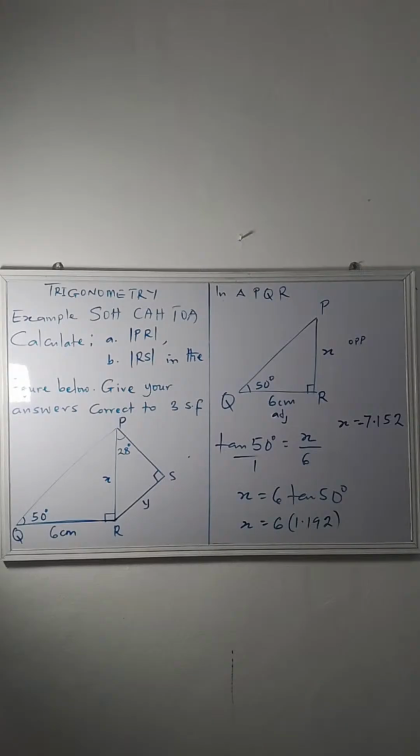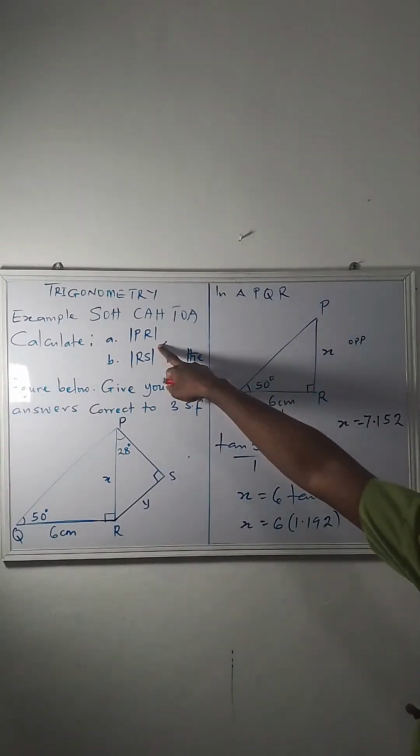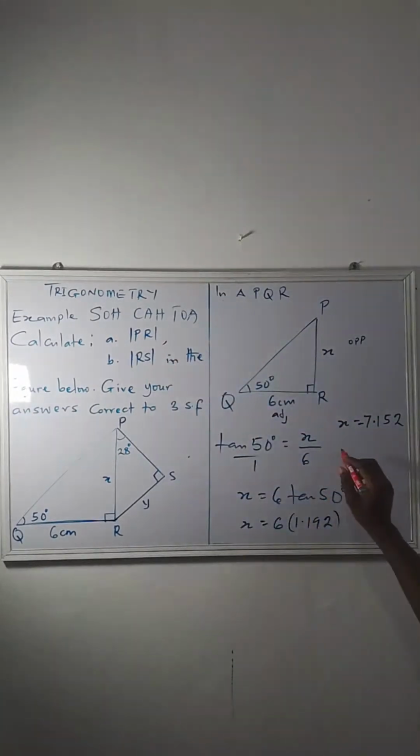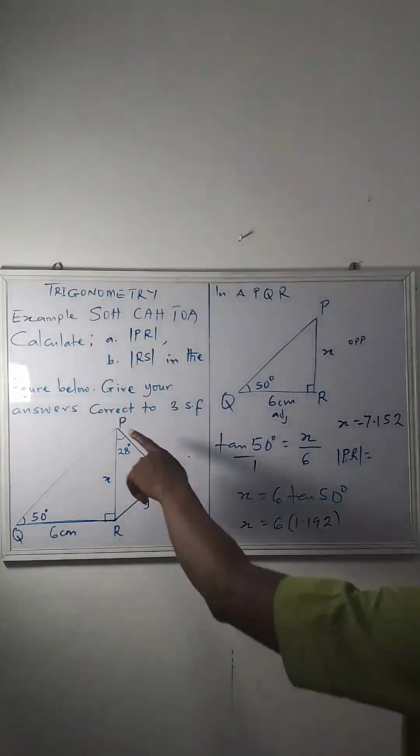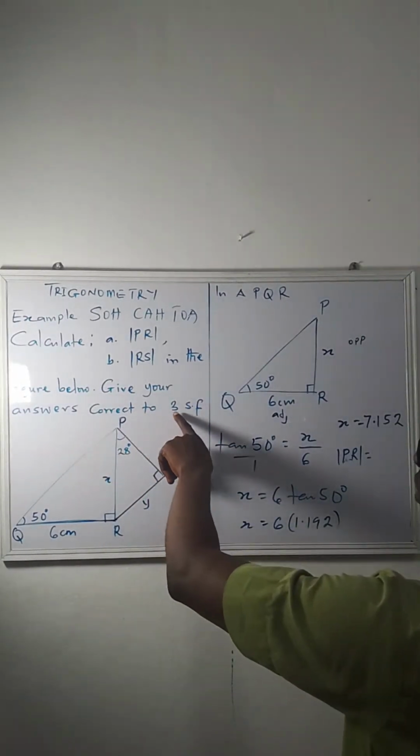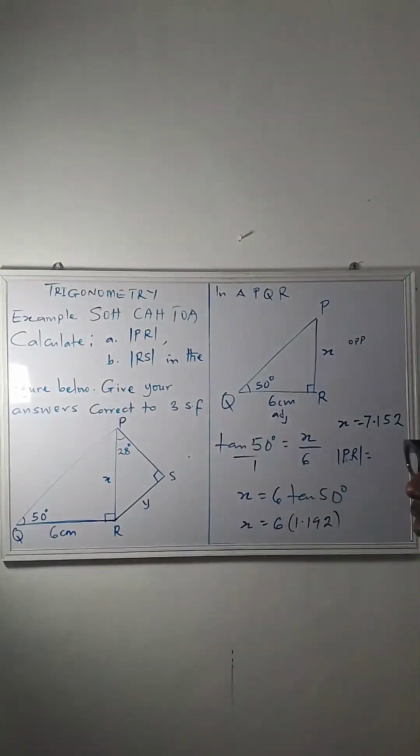All right, so look at it now. So x is the PR, and that's what the question wants us to get, PR. So we now say PR equals to, now your answer should be expressed in what? 3 significant figures. So you count 3 digits from the front. First significant digit here is 7.